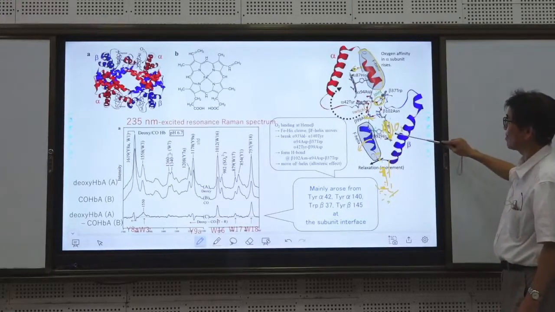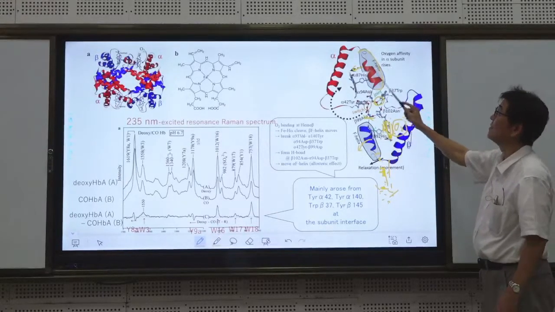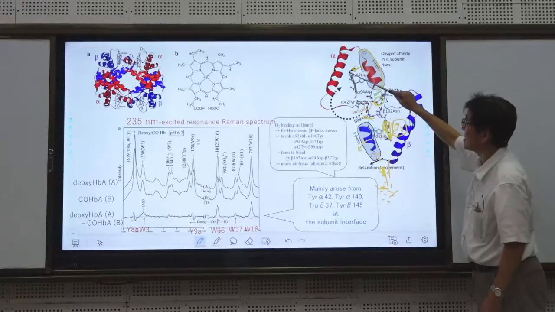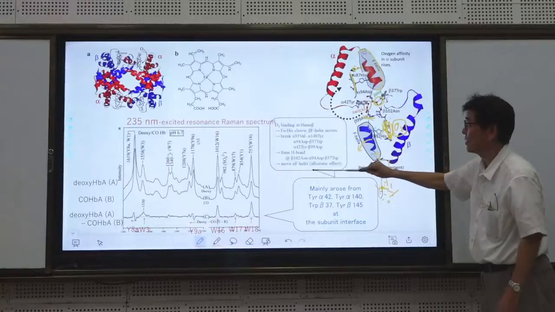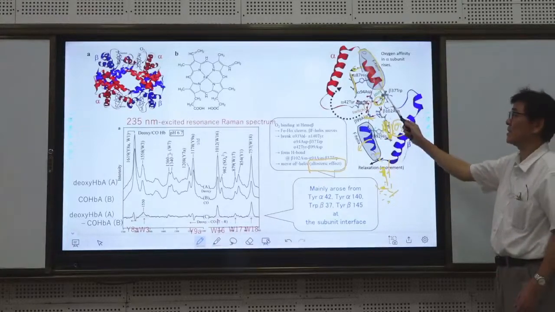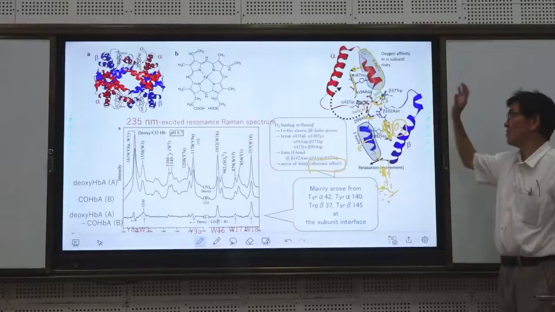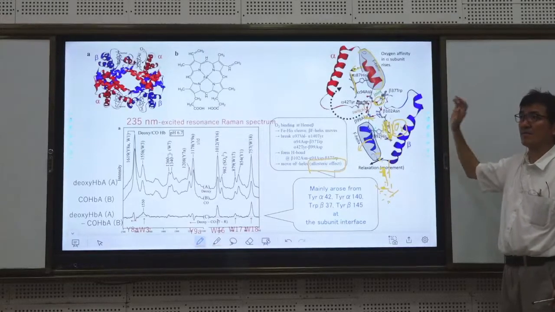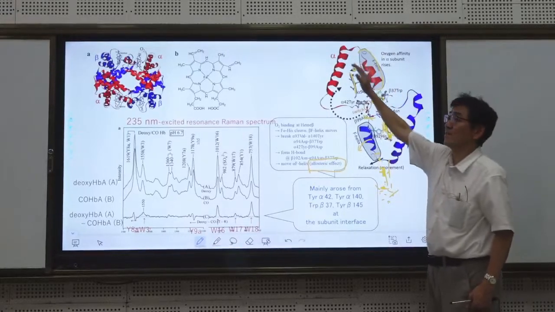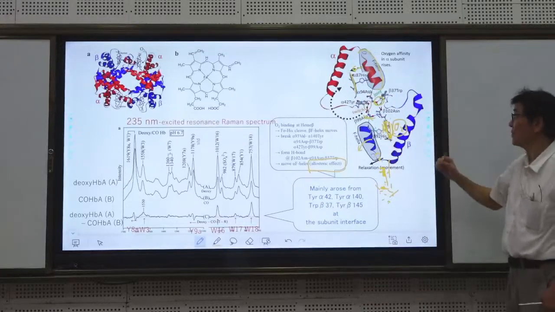So attachment of O2 onto the beta subunit affects the status of the heme in the alpha subunit, and it causes the allosteric effect. Allosteric effect means that attachment of one oxygen affects another binding site and facilitates the binding of oxygen.